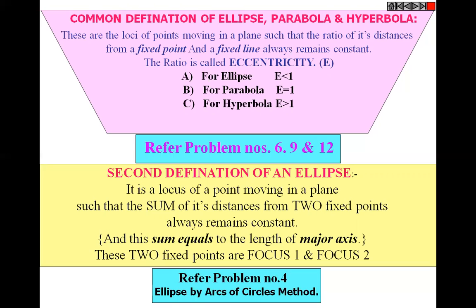That ratio is known as the eccentricity, and the curve is respectively ellipse, parabola, or hyperbola depending upon the eccentricity. If e is less than 1, it is the ellipse. If e is equal to 1, it is the parabola. And if e is greater than 1, it is the hyperbola.